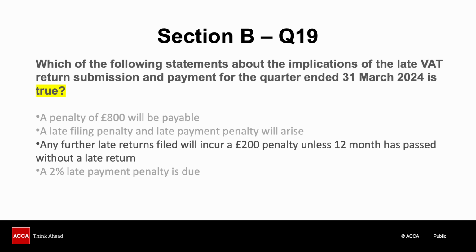And 2% late payment penalty, well, again, we've said that there won't actually be any late payment penalties. We can rule that one out. So we're left with any further late returns filed will incur £200 penalty unless we get a 12-month period where there isn't a late return. And that one is indeed correct.